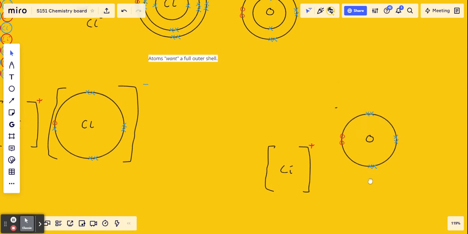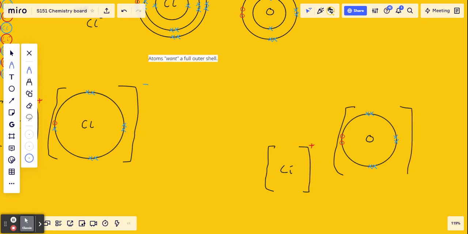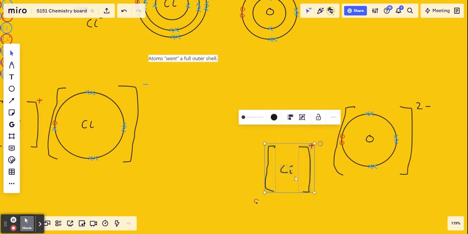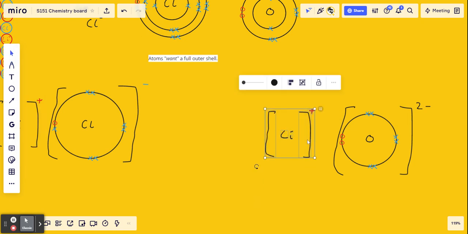Only I need to draw the square brackets. I'll put that again. So that's 2 minus. Now there's a problem here, as you can see, because the charges don't balance, and also this lithium can't have given both of those electrons.